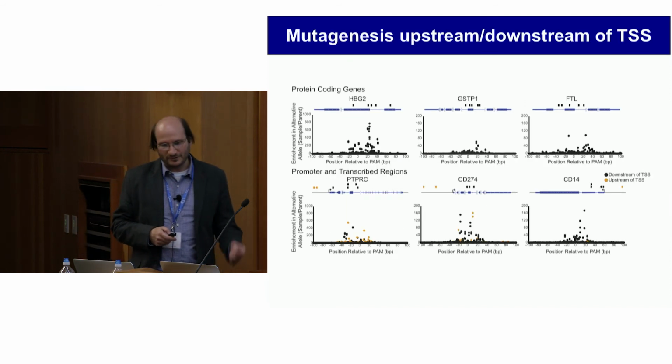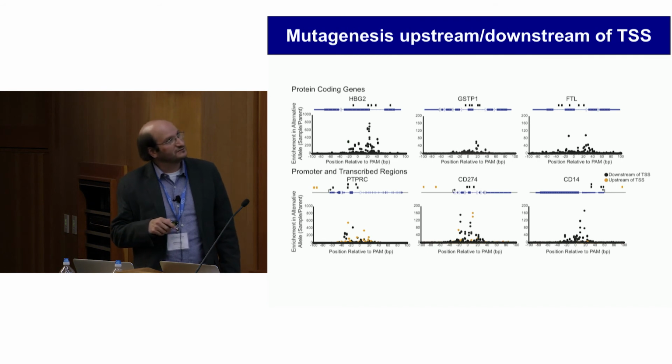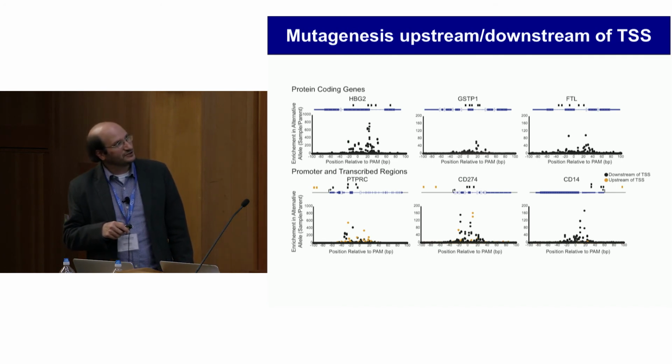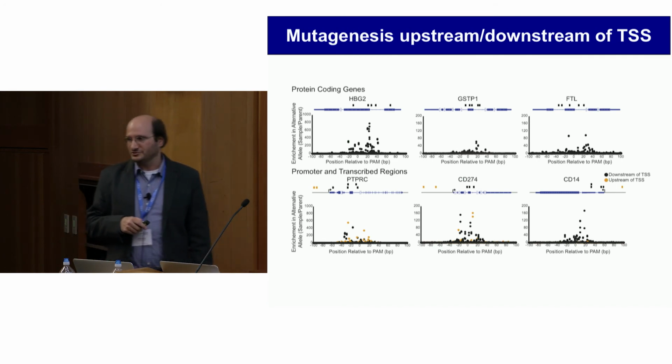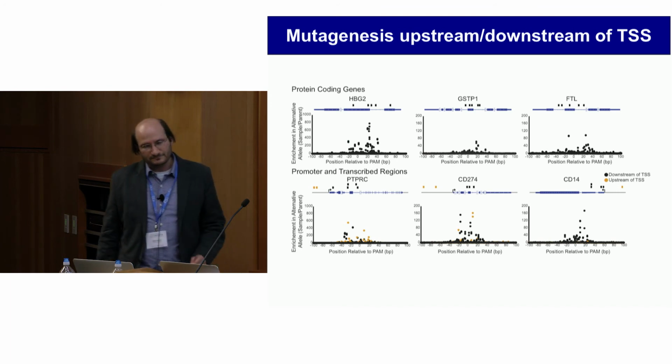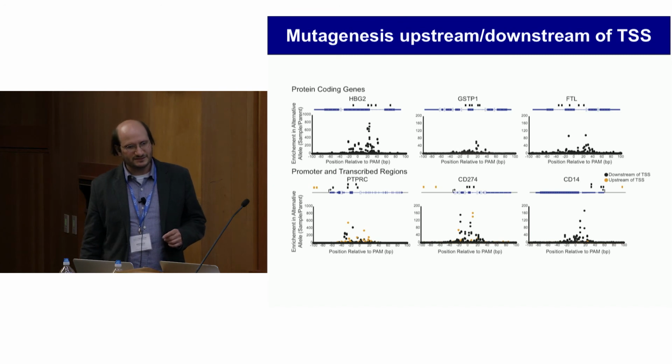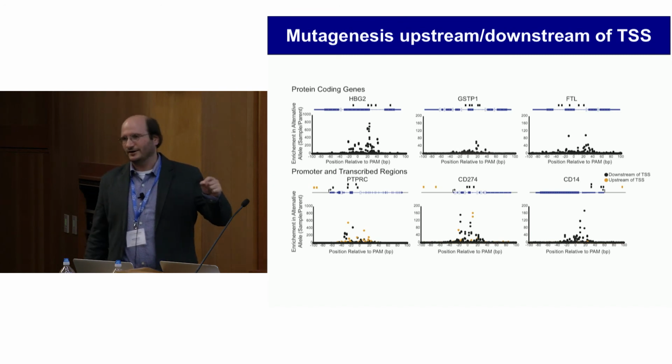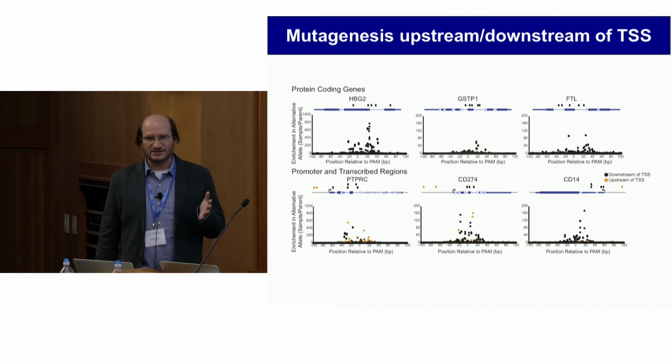Another interesting thing we observed with this technology is you can actually cause mutations not only in the coding region, but actually upstream of the transcription start site. And that's potentially interesting because previously AID had been thought to require transcription to induce mutations.